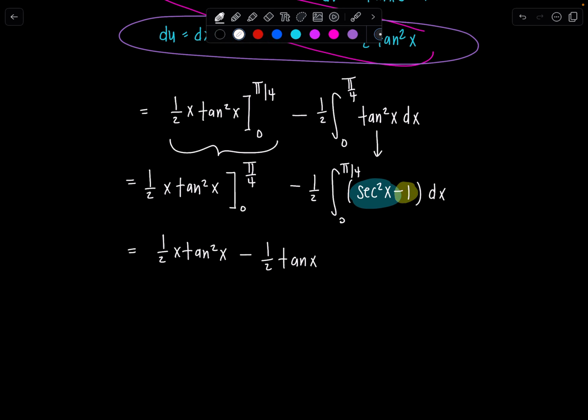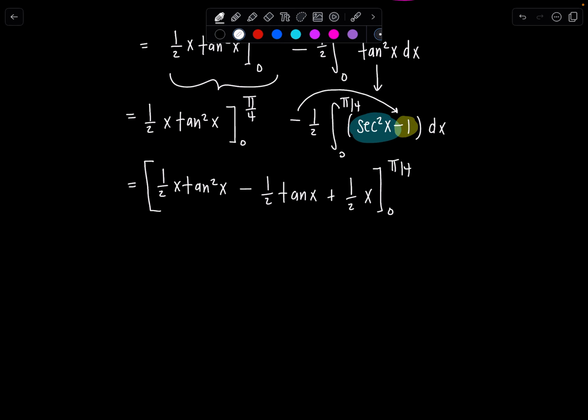But I have that minus, and also this minus distributes. So it's going to become plus, very good, 1/2 x. Okay? And then all of this now is going to get evaluated from 0 to pi over 4. So that's why I didn't write this part here, because I knew afterwards I was going to be done. No more integral sign, you see that? So I'm ready to evaluate all of these terms from 0 to pi over 4.